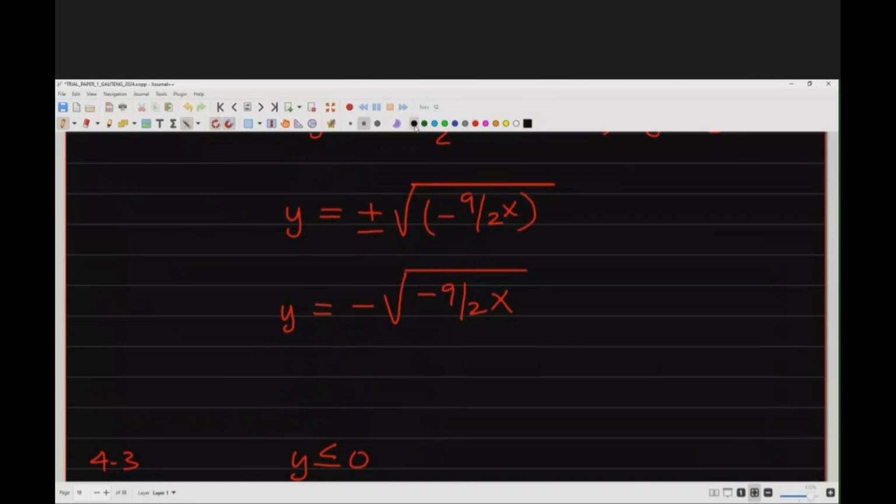So this reflection is going to yield minus y is equal to minus the square root of -9 over 2x, meaning that y is simply plus the square root of -9 over 2x.